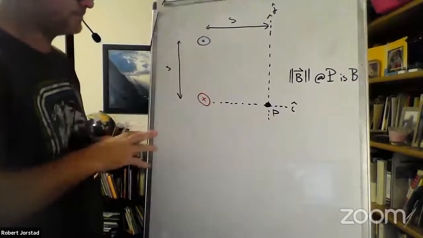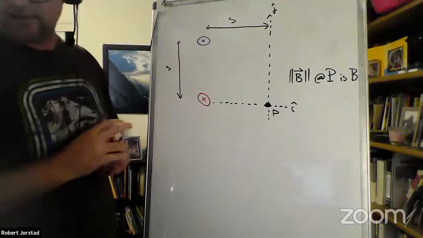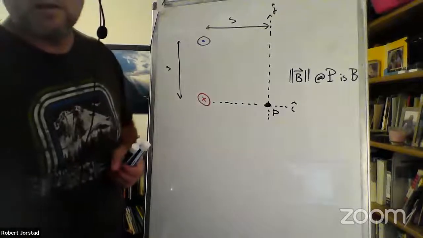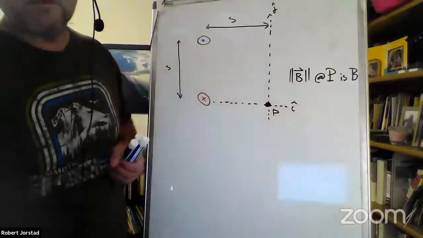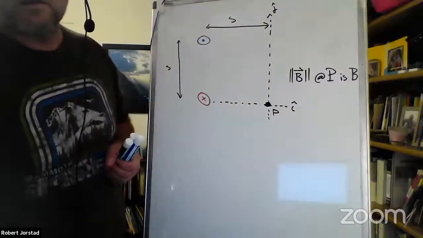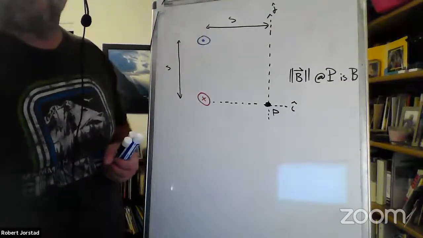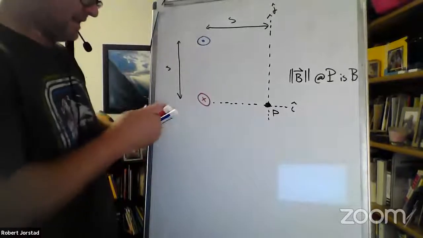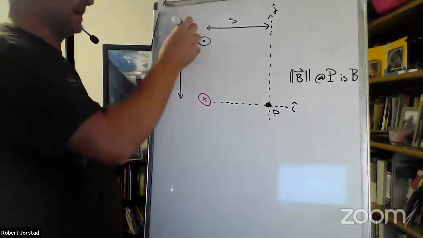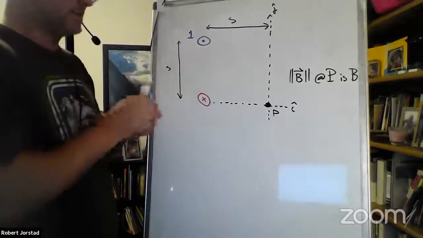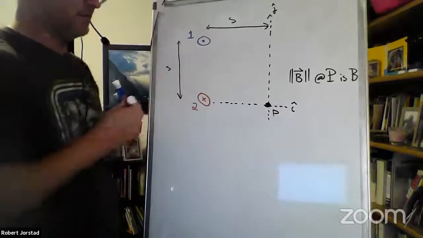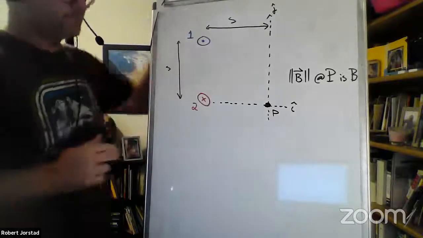I think I called the upper one number 1, just so you know. Not that this stuff matters, but it might make it less time for you later if you want to compare. So I called this wire 1 and this wire 2.